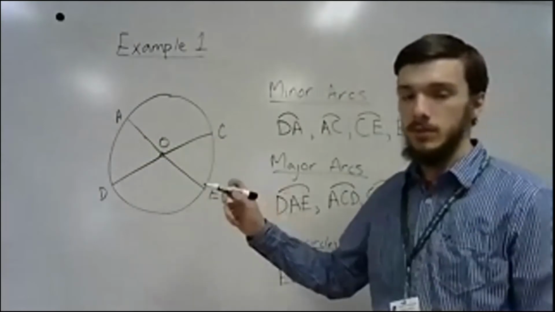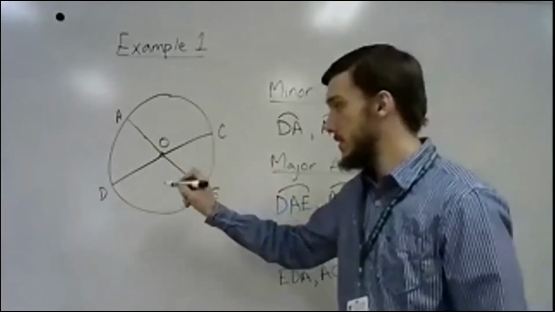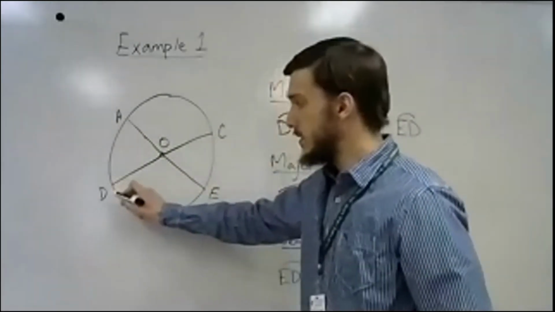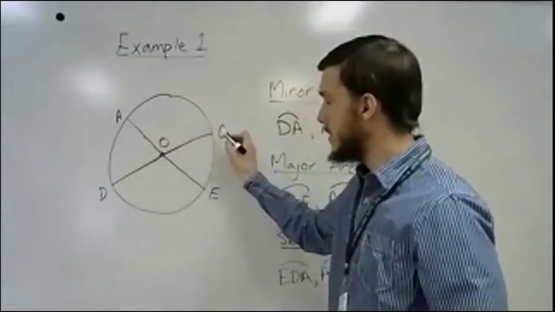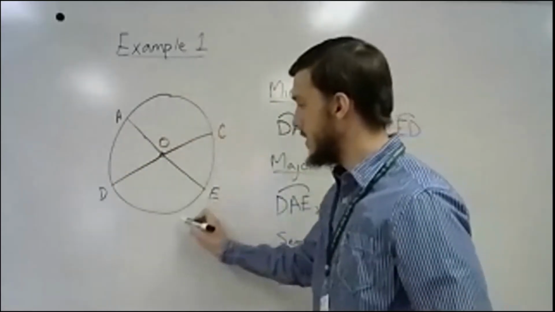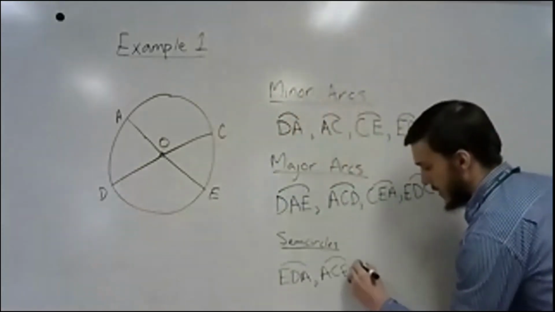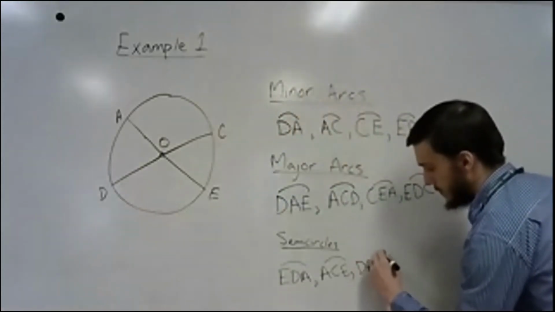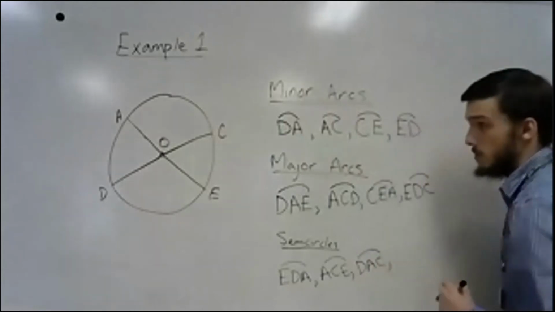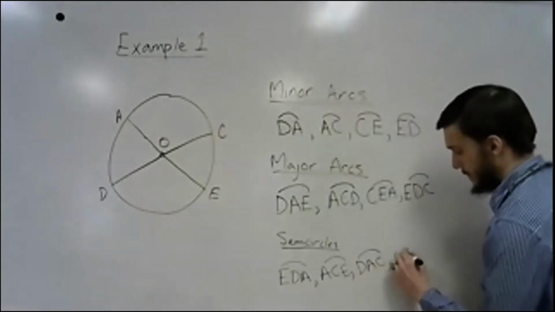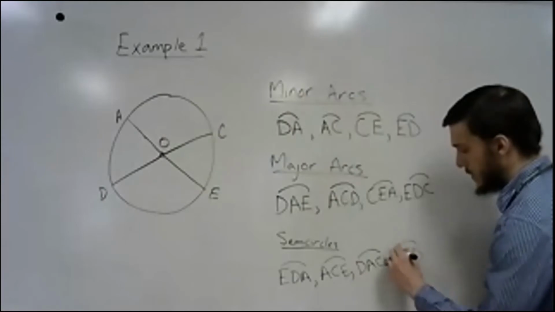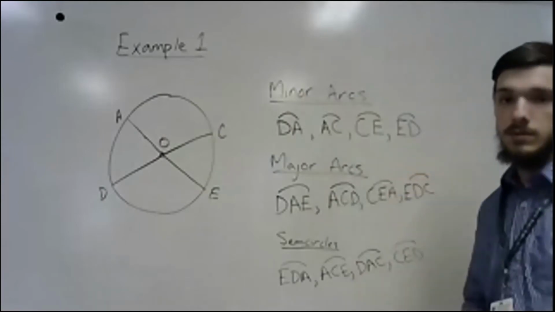The other semicircles that we have here in our circle are DAC and CED, right? Because each diameter breaks up the circle into 2 half circles, right?